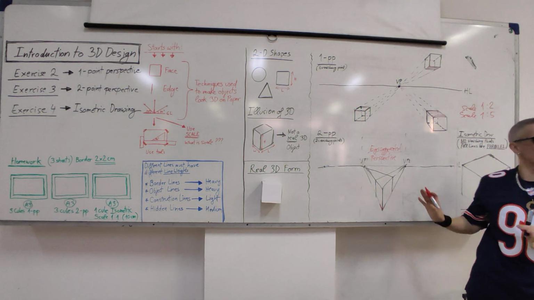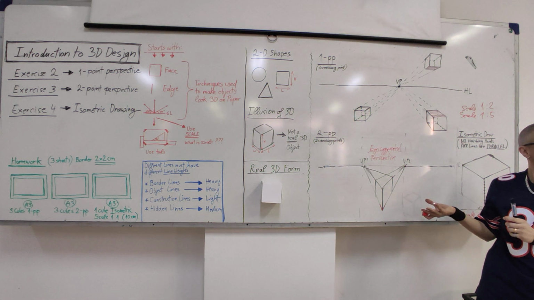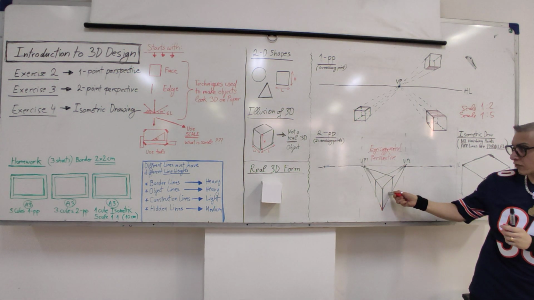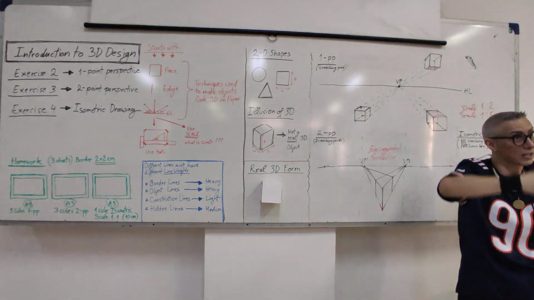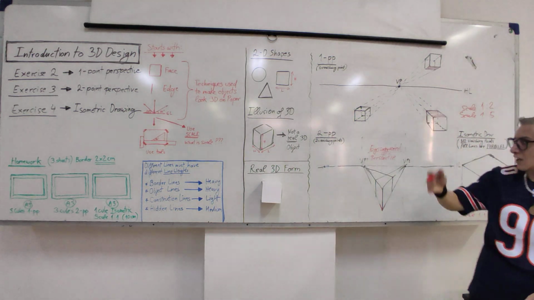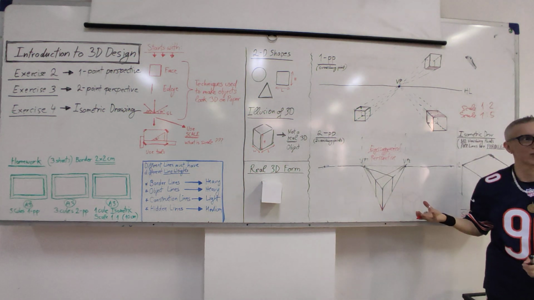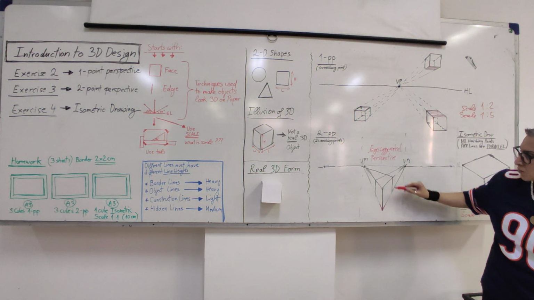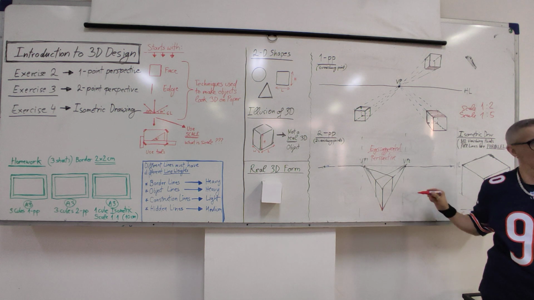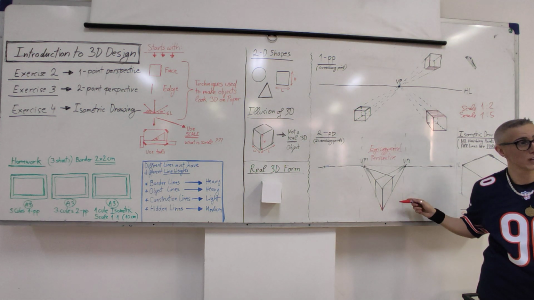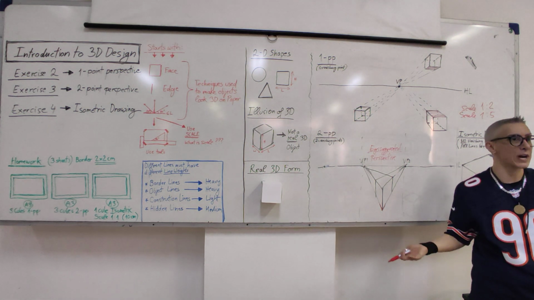It looks like there is something wrong with it. If this was a big, long building, maybe okay, but for a small cube, it looks like something is wrong with it. So this is exaggerated perspective, and it is considered wrong in drawing, especially in design, okay?